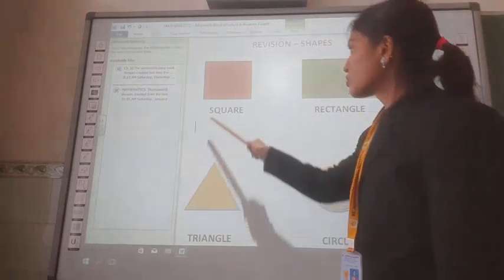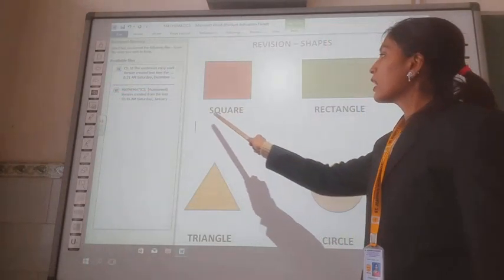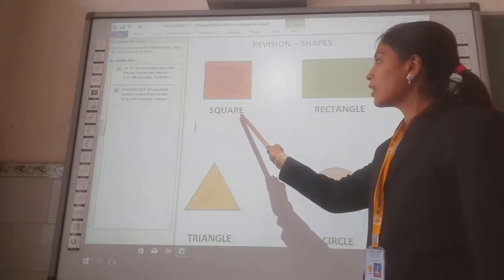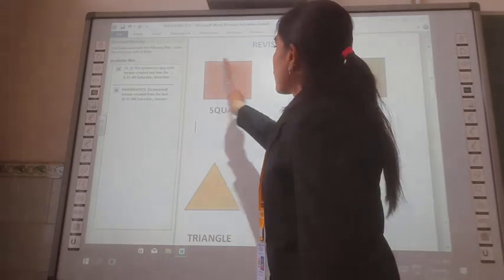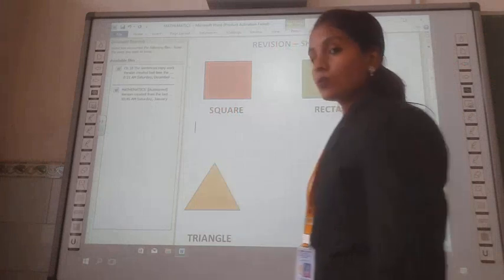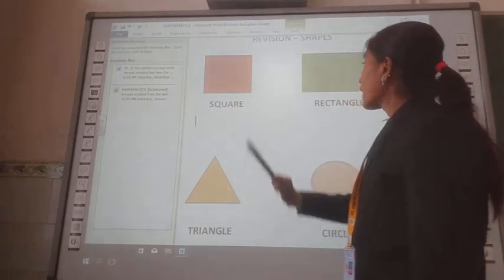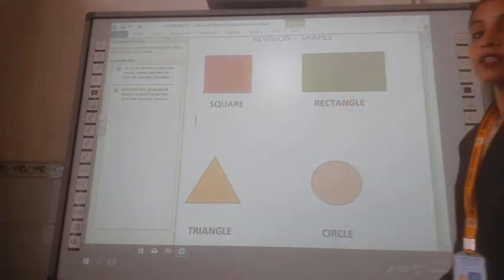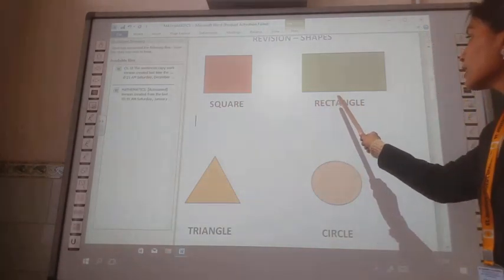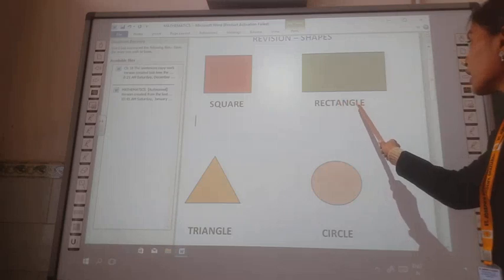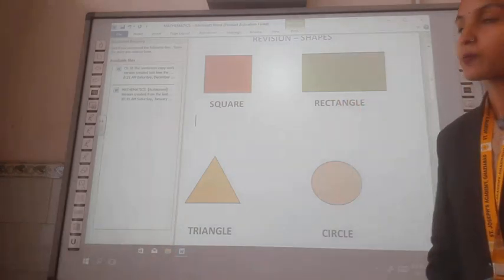Students, see the spelling of square. S-Q-U-A-R-E, square. It has 4 sides. Okay, this is a square. Then rectangle. Spelling of rectangle is R-E-C-T-A-N-G-L-E, rectangle.